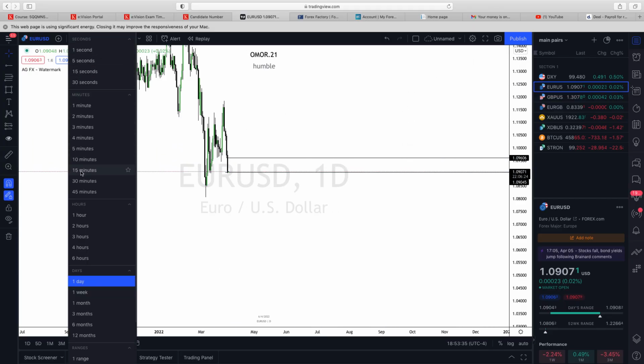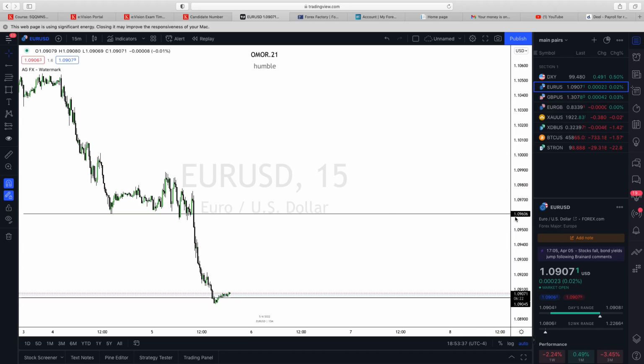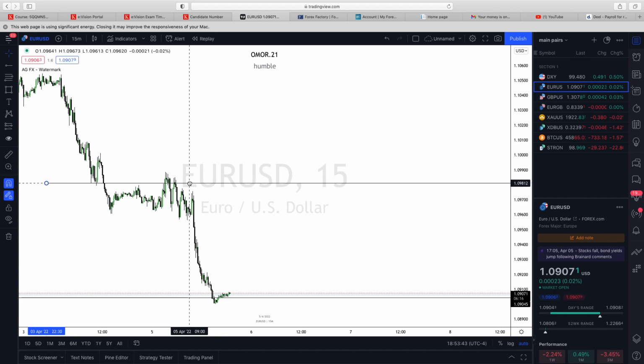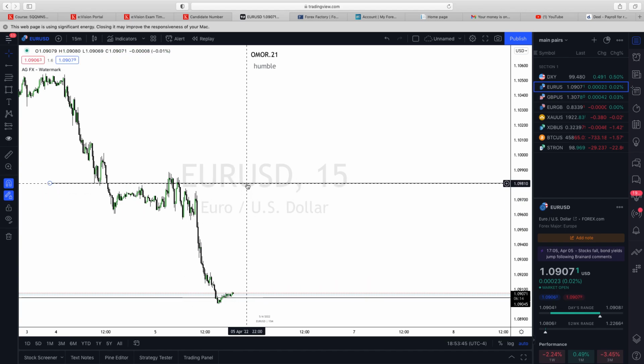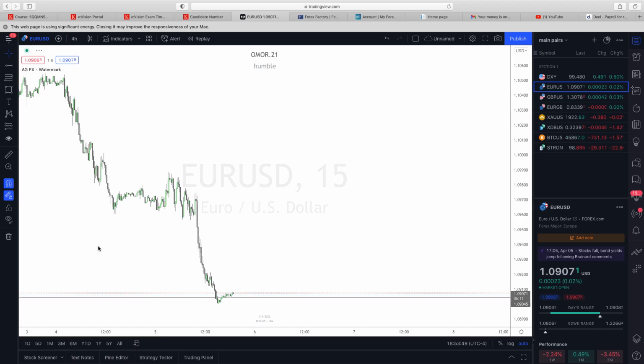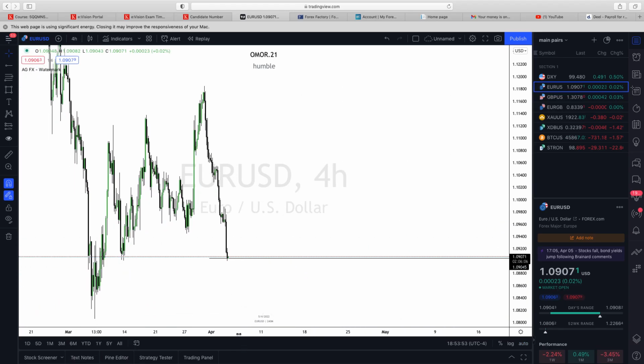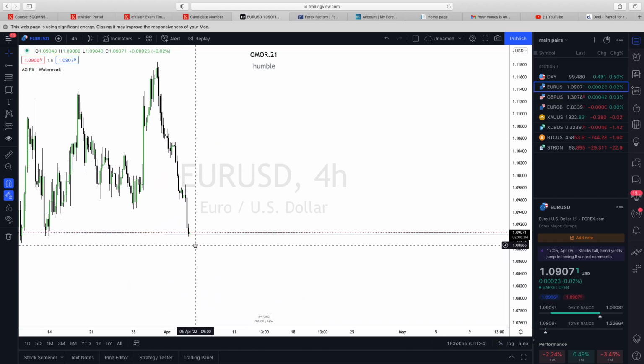If we go onto the 15-minute, let's look for areas to get rebalanced. One area I was looking at actually, I remember, was this one. This was the high of the day for today.